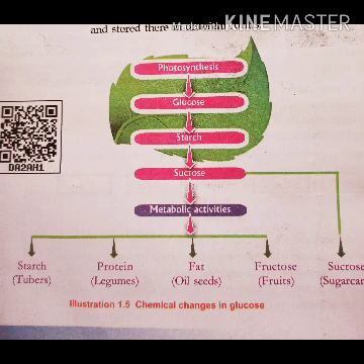Then what happens to the glucose formed as a result of photosynthesis? Is it stored in the plants? Yes, it is stored, but not in the form of glucose. Why? Since glucose is easily soluble in water, it cannot be stored in the plant body.